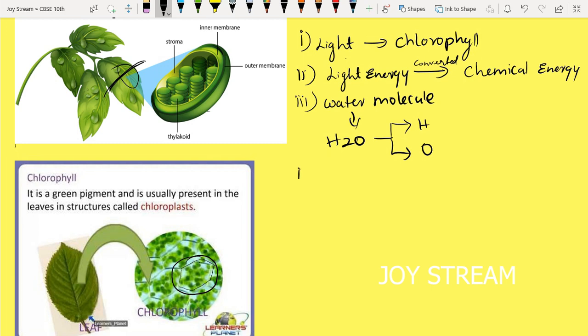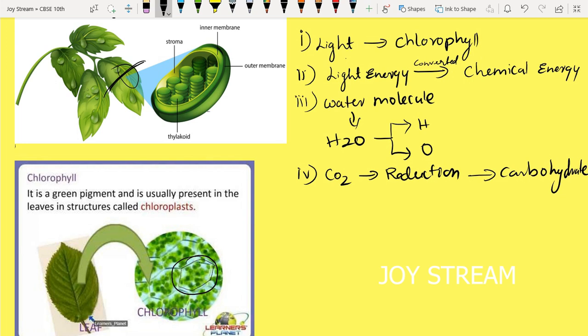Okay. Then what is the final step? The reduction of carbon dioxide. Carbon dioxide is reduced to carbohydrate. So, carbohydrate is formed by photosynthesis.